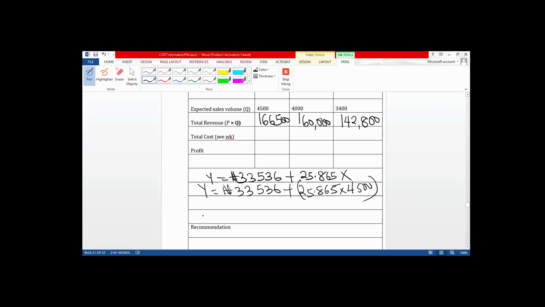When you are done, go to the second one: 33,536 plus 25.865 multiplied by volume, and the second one is 4,000 units.